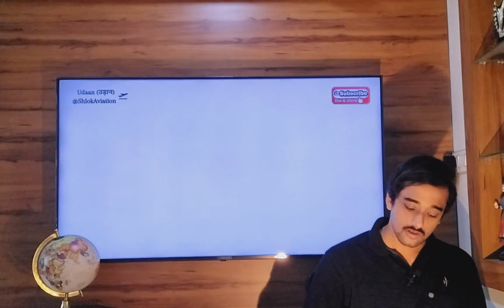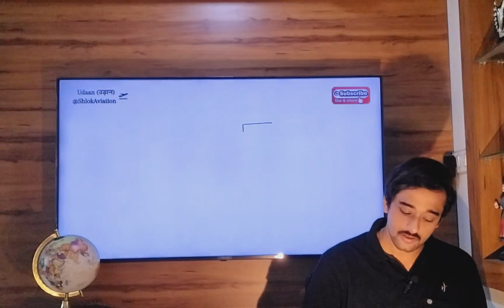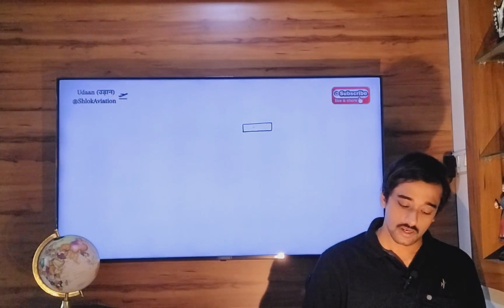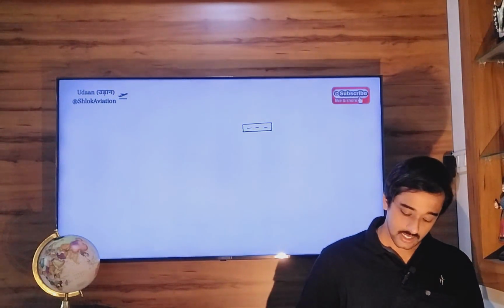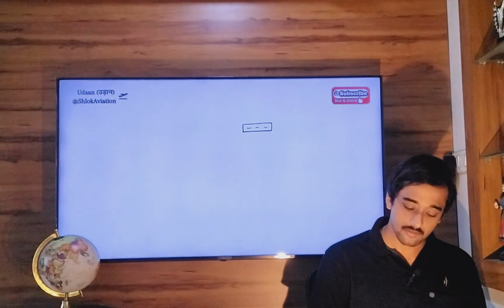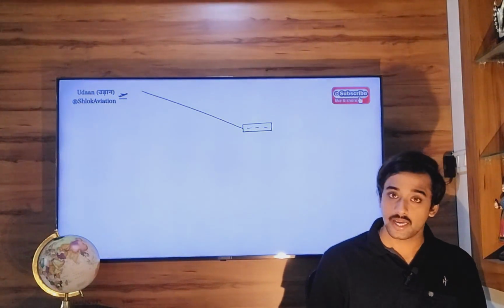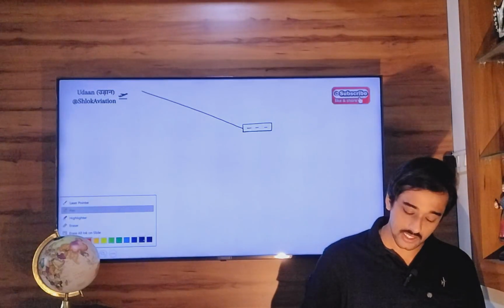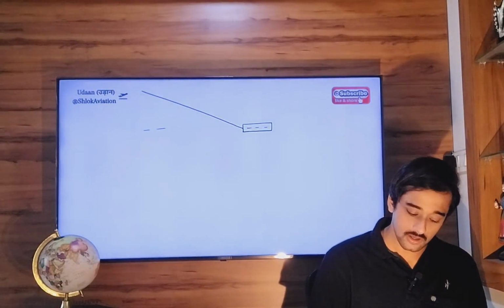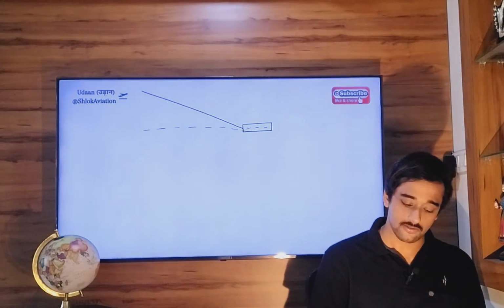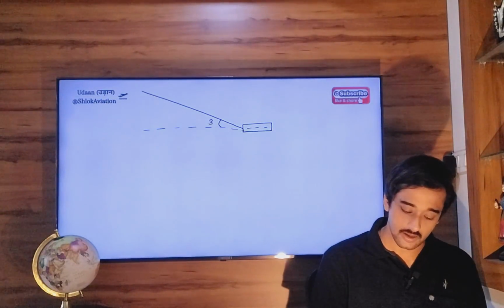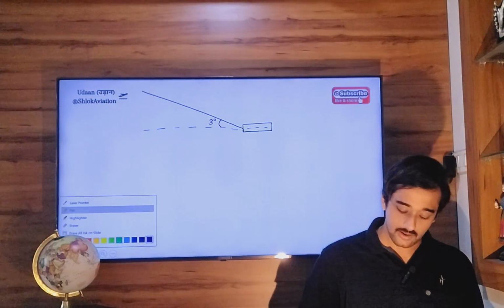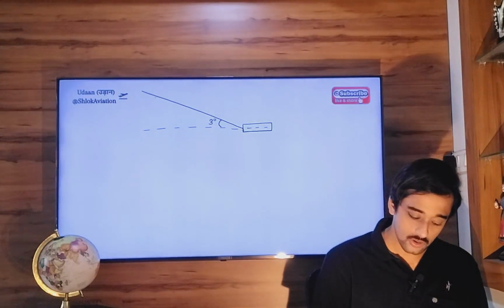Let's say this is your runway, and this is your 3 degree glide path with respect to the horizontal surface.